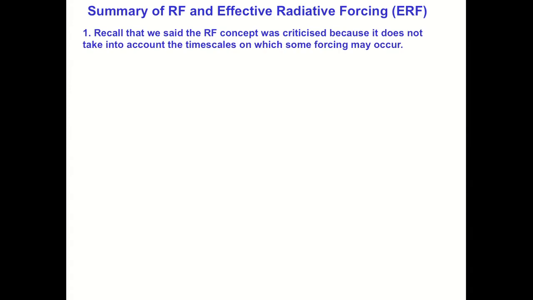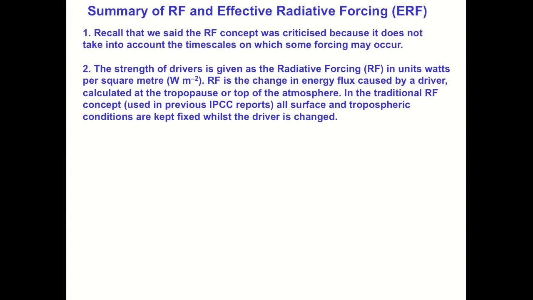Now, recall that we said that the radiative forcing concept was criticised because it doesn't take into account the timescales on which some of the forcings occur and the responses occur. And that has been addressed in more recent reports, but again, we don't really need it for the mathematical component of this course. But just remember that the strength of the drivers we're talking about is given as the radiative forcing.